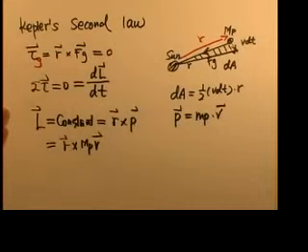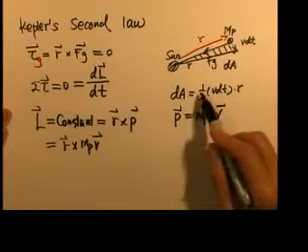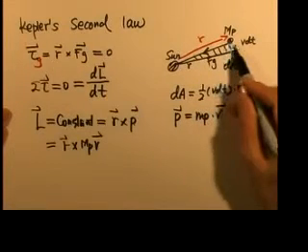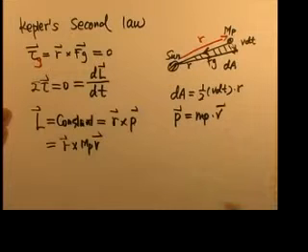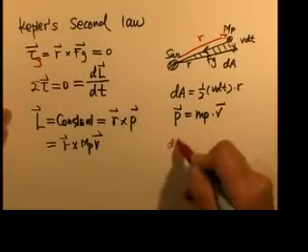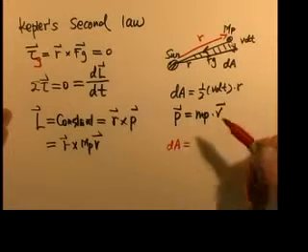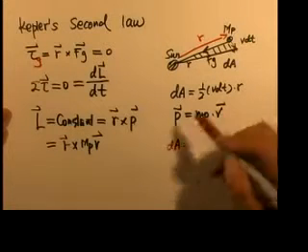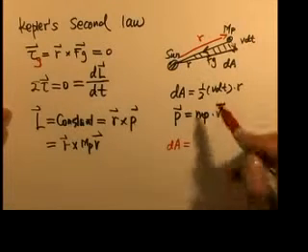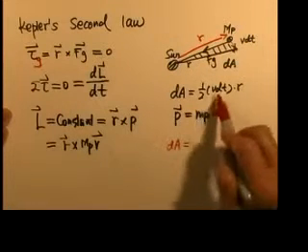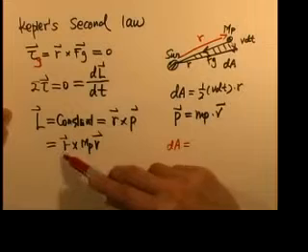Now, since we already know that dA equals 1/2 of base times height, if we continue on that, we can replace with our r and v. You see this r, you see this v?